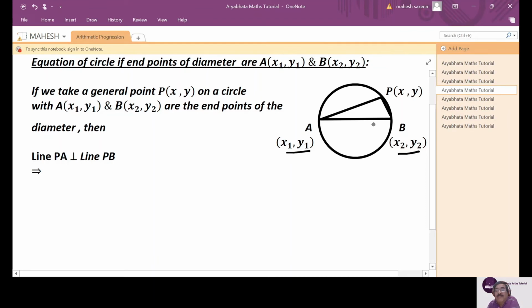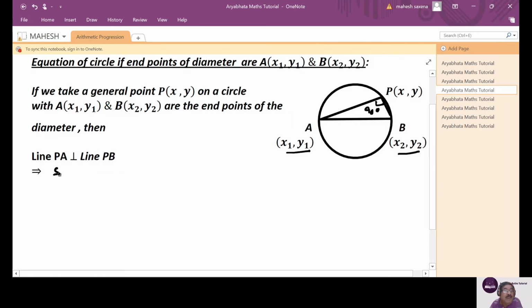Now we take a general point P whose coordinate is x y on the circumference of the circle. Since this P(x, y) is on the semicircle, therefore this angle APB will be equal to 90 degrees. Therefore, line PA is perpendicular to PB.